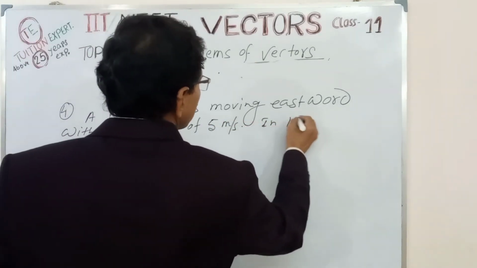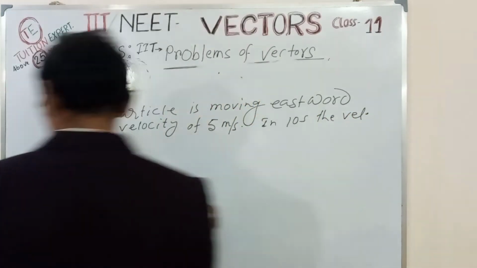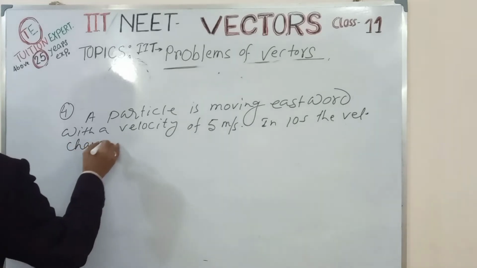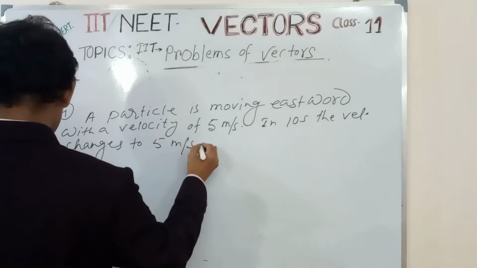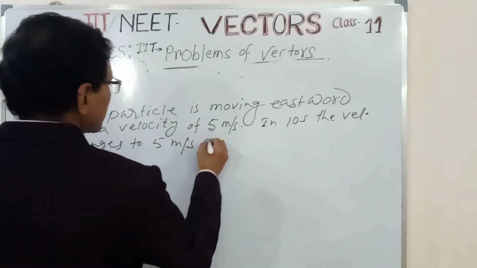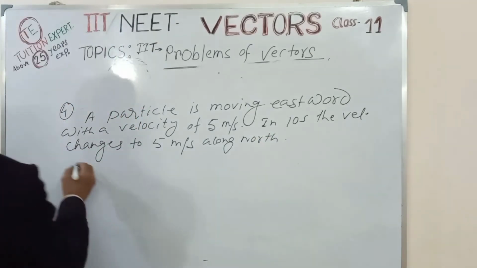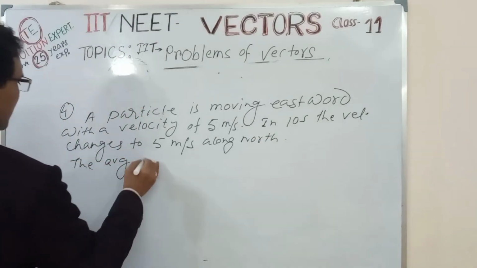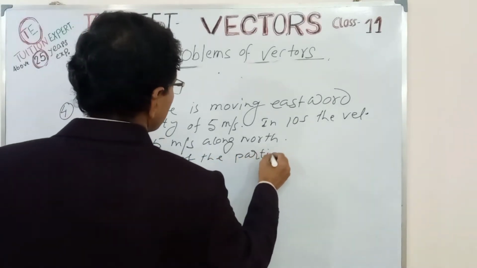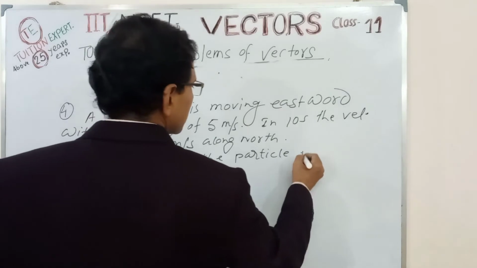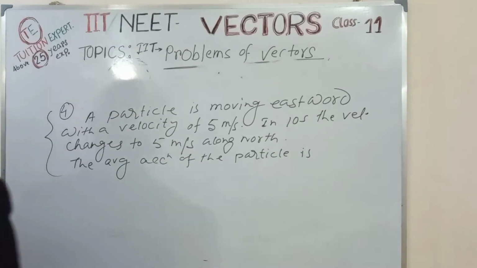In 10 seconds, the velocity changes to 5 meter per second along north direction. The average acceleration of the particle is, different options are given. Now what is the result?